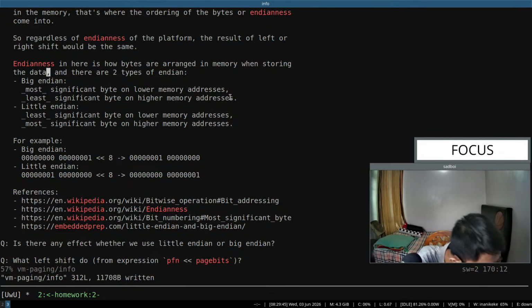Wait. One byte is a number from 0 to 255 or whatever number. Oh, okay. The byte at address 123, let's say, right?